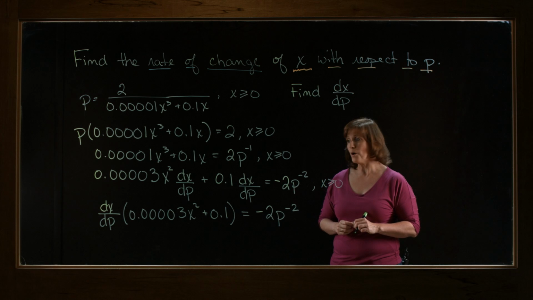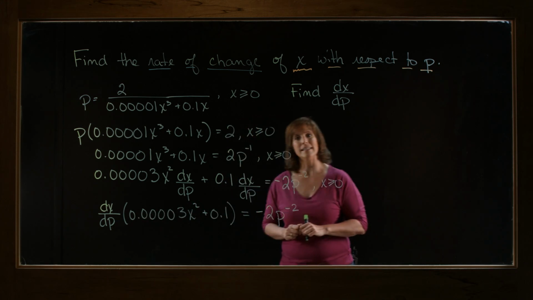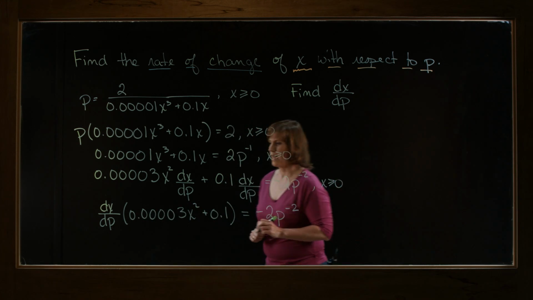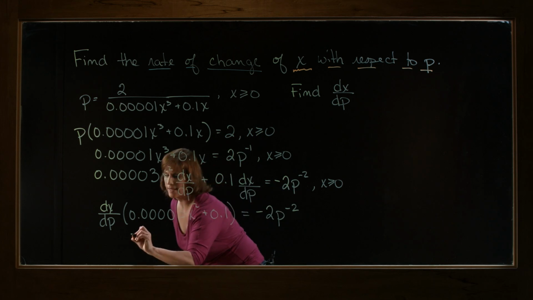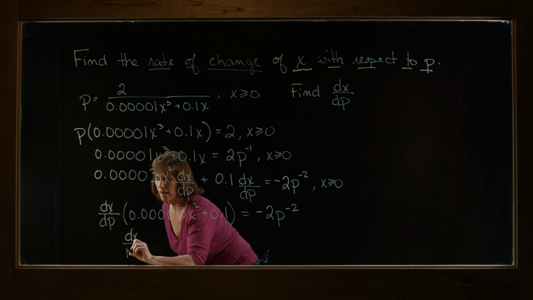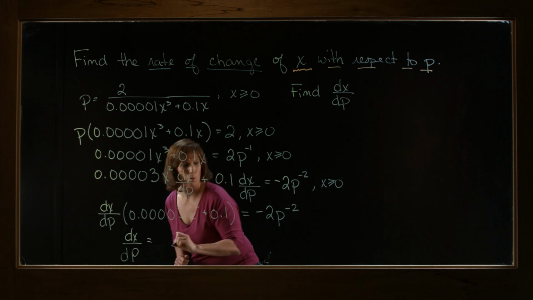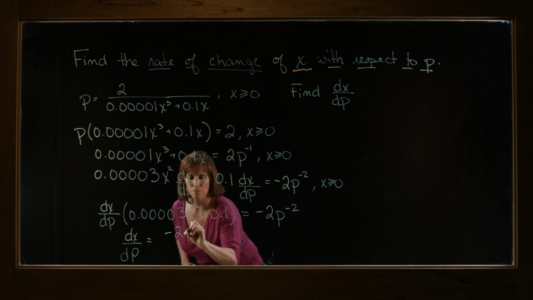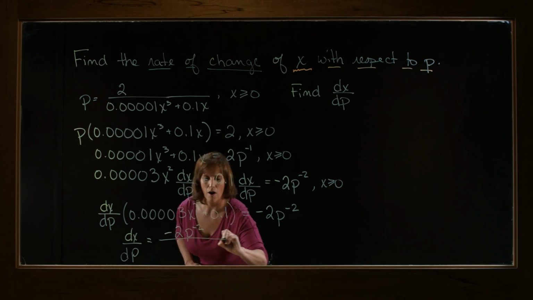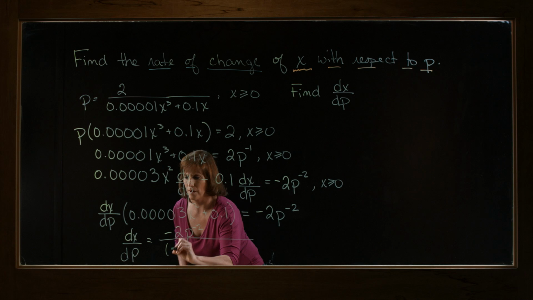Finally, I'll divide both sides by that quantity that's inside my parentheses. And so dx/dp will be minus 2p to the minus 2 power all over that quantity that's in parentheses.